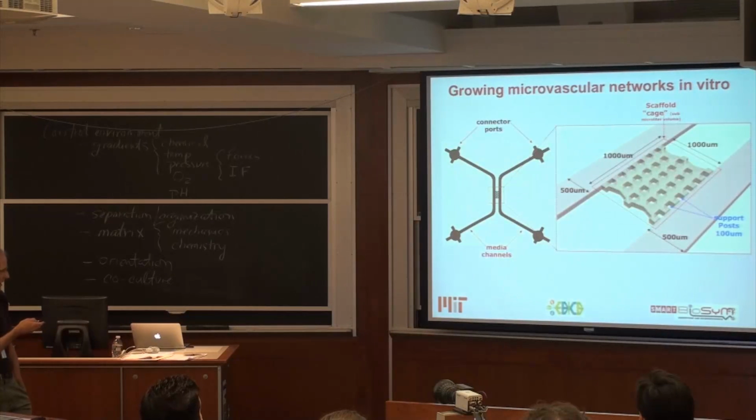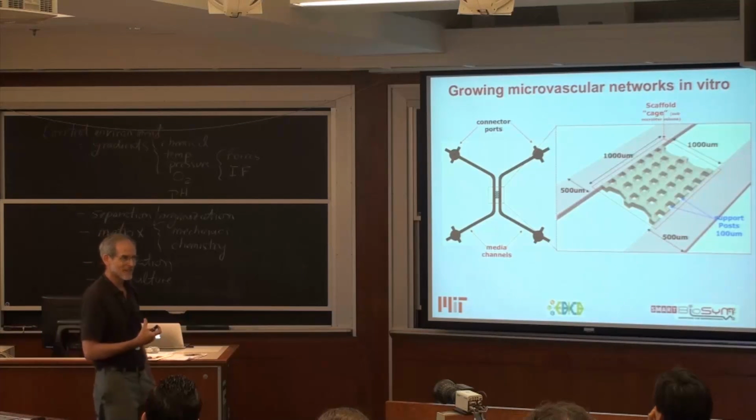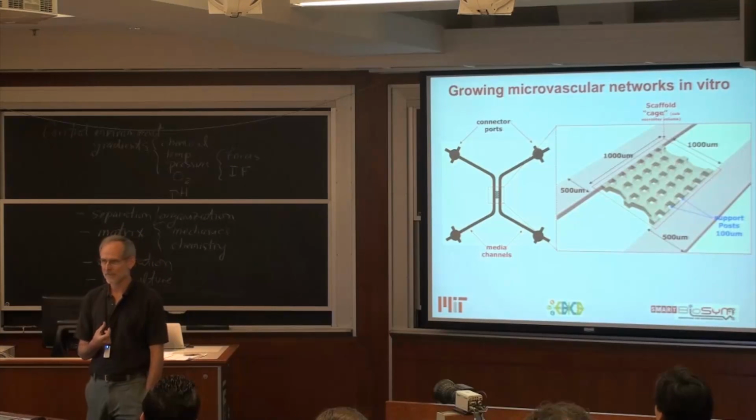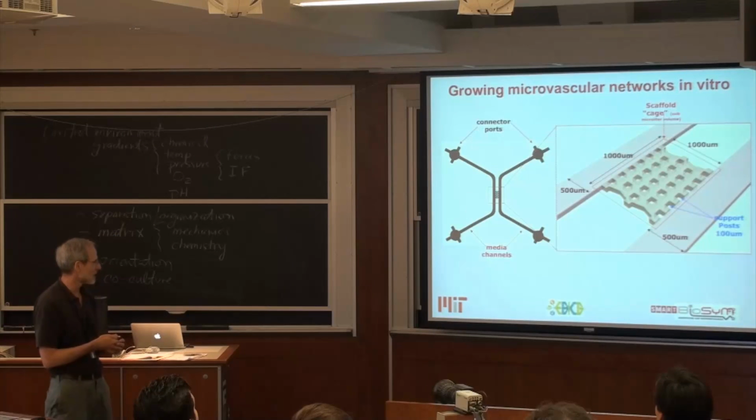In our system, we've done something similar, but this is in an earlier version of ours where we had a number of PDMS posts, sort of rows of posts, that would help to stabilize the gel. This was before the students in the lab developed the technique so that they could introduce the media and control the pressures much better, so that the gel didn't get ruptured and pushed out of the region.